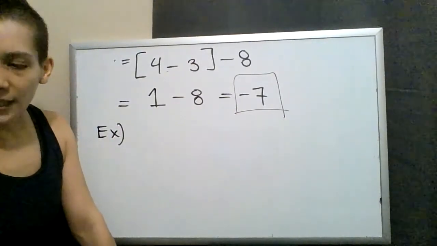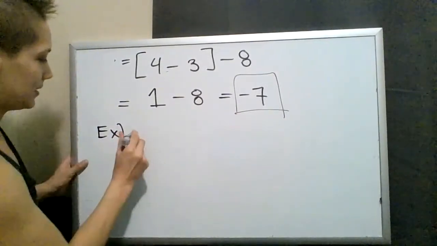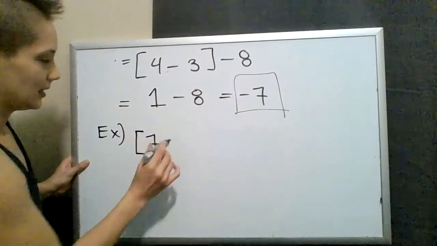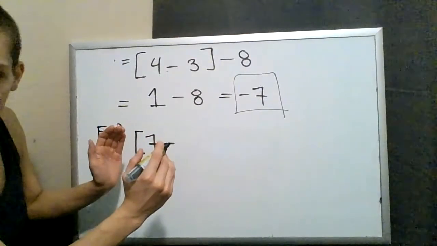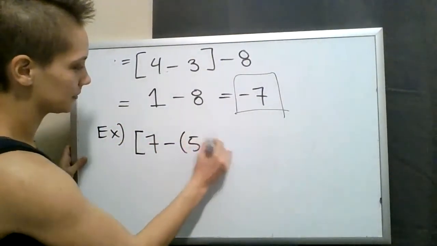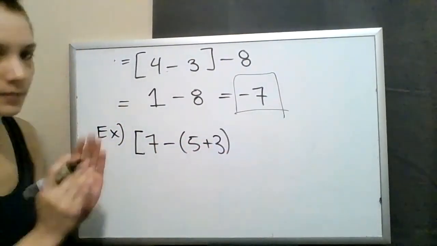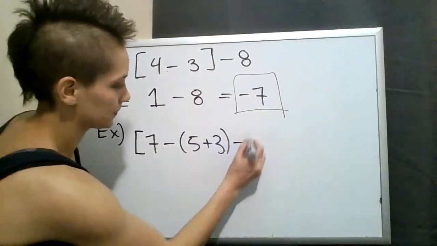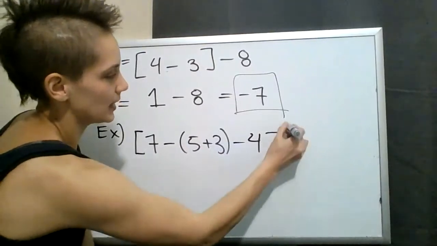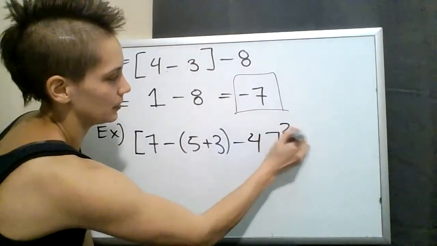Start with the square bracket. Inside is 7. Subtract. Parentheses 5 plus 3. Minus 4. Close those brackets, and this whole thing is to a power of 2.